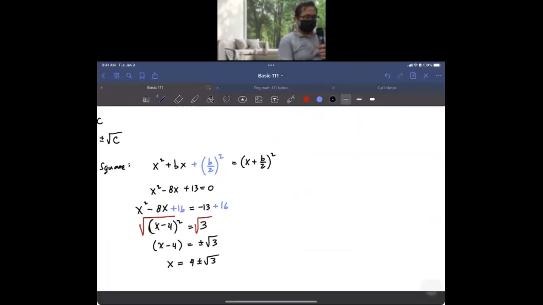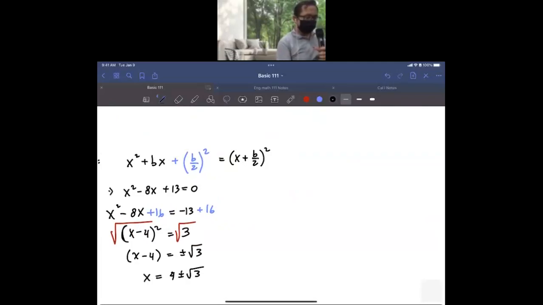Okay, now try another question for this one. 3x squared minus 12x plus 6 equals 0.